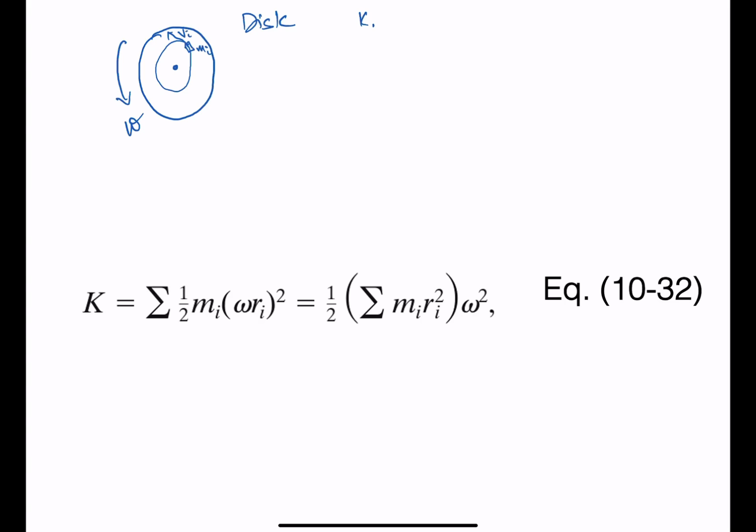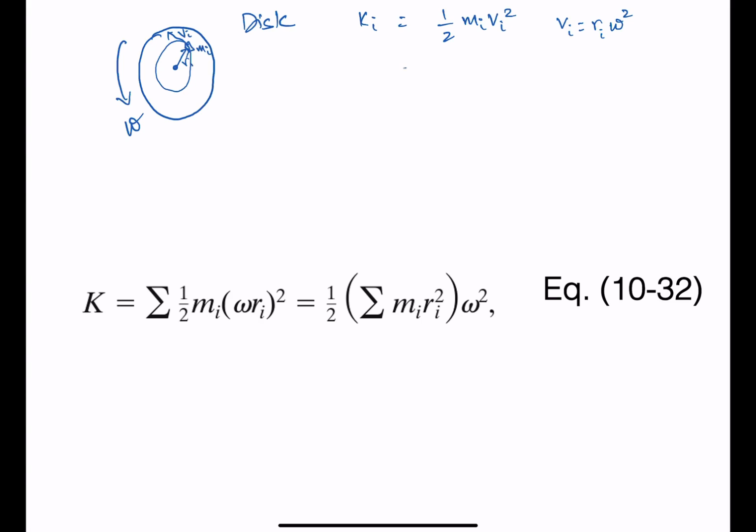So ki translational is 1 half mi vi squared. So vi for that particular object is ri omega, where this is ri, the radius.